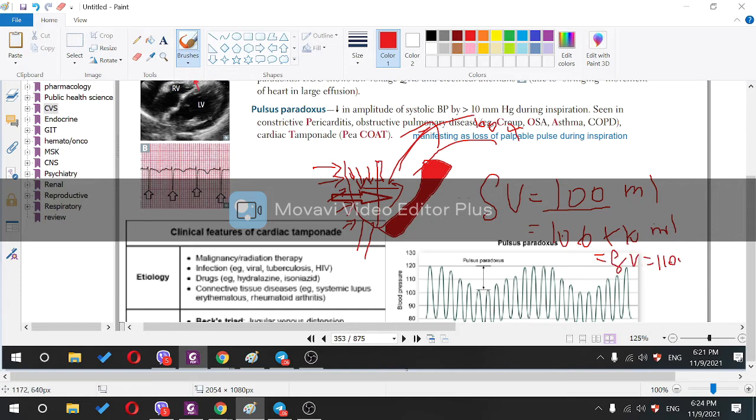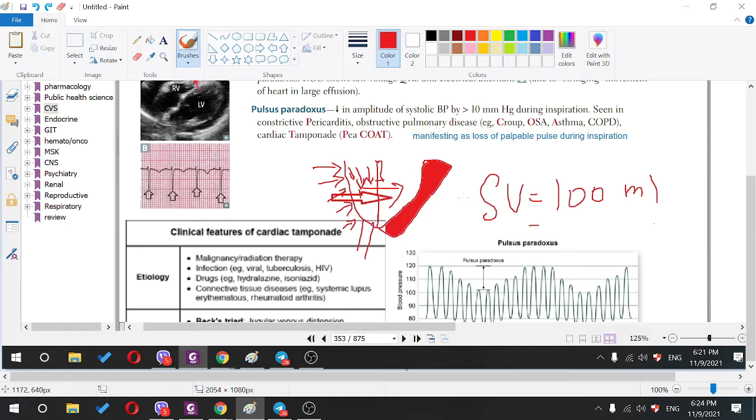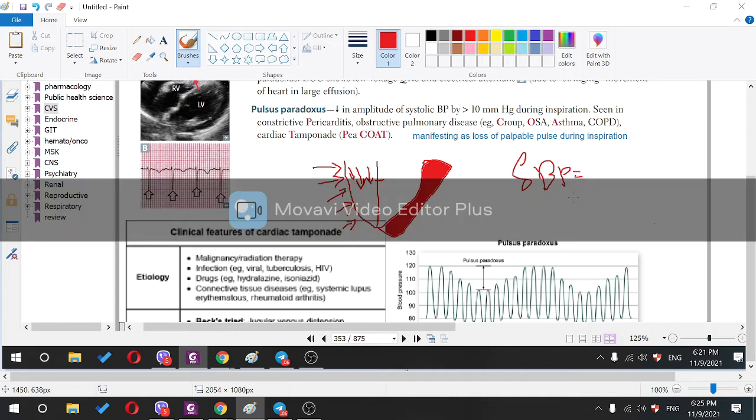Guys, maybe you remember when I kept telling you about the systolic and the diastolic blood pressure. So systolic blood pressure is mediated by what? Contractility, exactly. So the heart controls the systolic blood pressure.